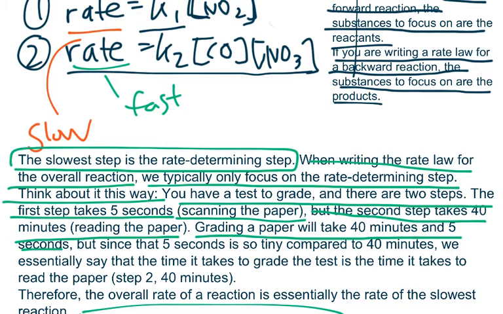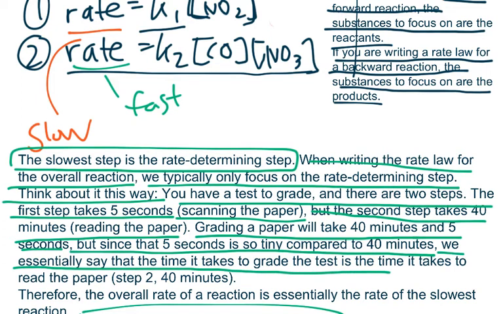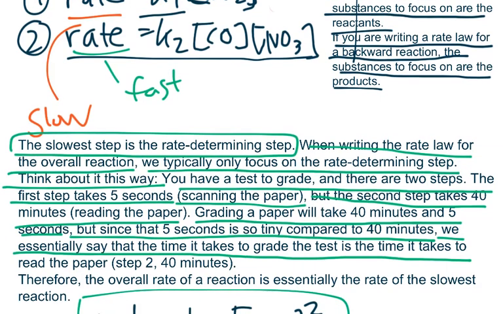But since that 5 seconds is so tiny compared to the 40 minutes that you took to read the test, we essentially say that the time it takes to grade the test is the time it takes to read the paper. So essentially we focus on the second step, which is reading the paper, and that takes 40 minutes.